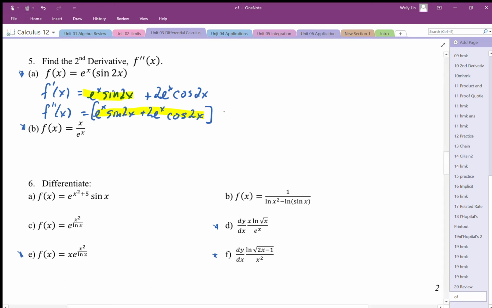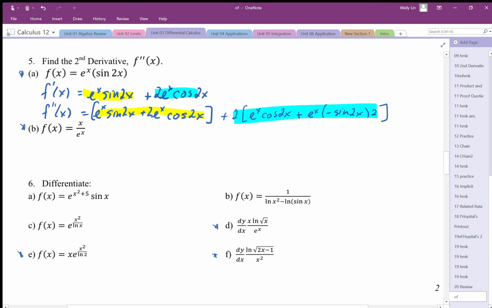So plus 2, I'm just going to leave the 2 on the outside, e to the x cos 2x plus e to the x negative sine 2x times 2. Okay, so that part there gives us this second derivative here.